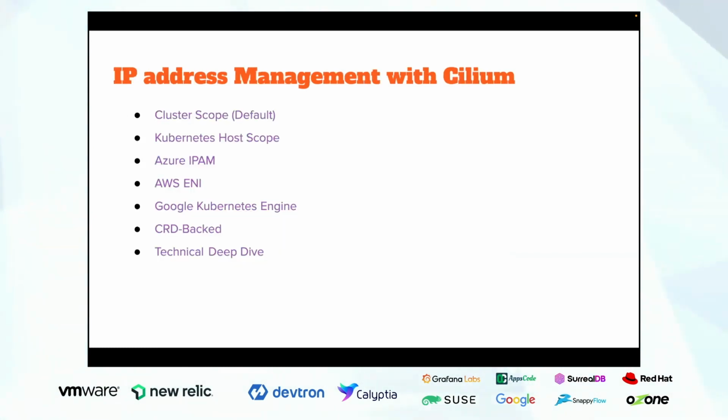Then for IP address management, for example in Azure, you get a specified number of pod IPs for every node. You can't go beyond that. So there is some way by which the cloud provider controls how I define IP addresses for my pods, correct?